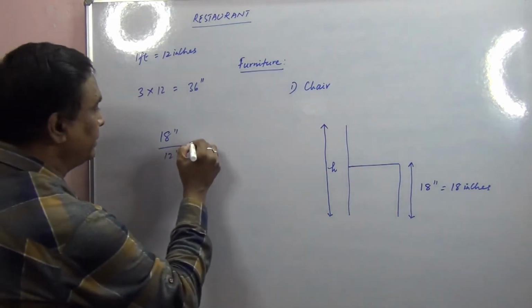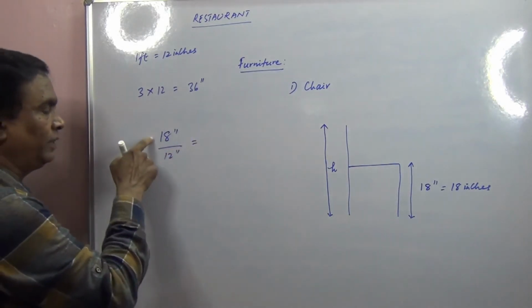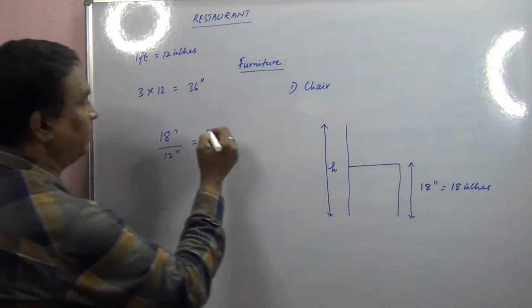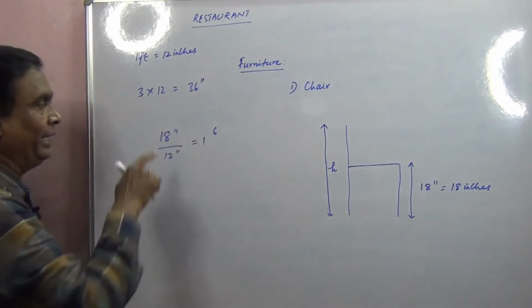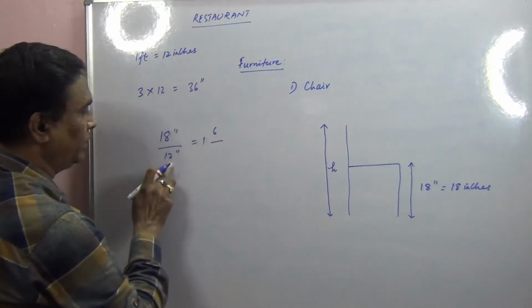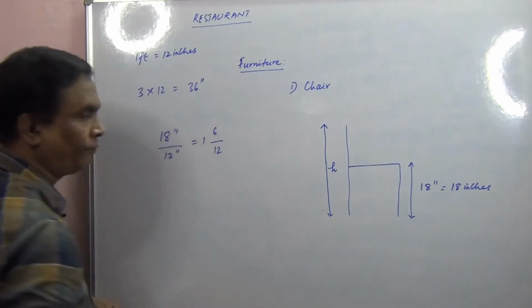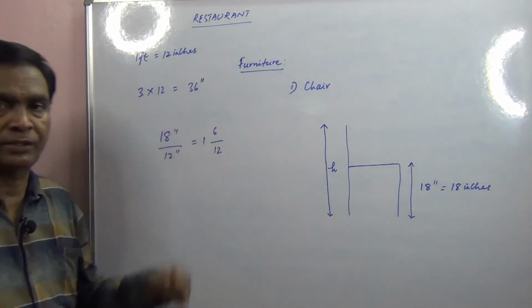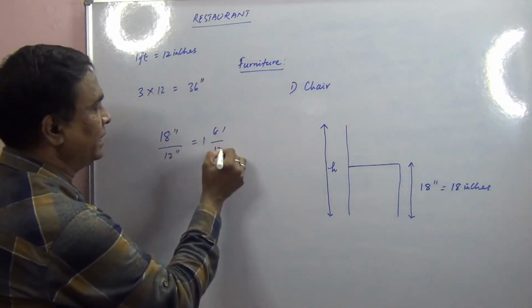So you get 12 ones are 12, and the remaining is 18 minus 12 equals 6, so 6 by 12. You can also simplify this: 6 ones are 6, and 6 twos are 12.